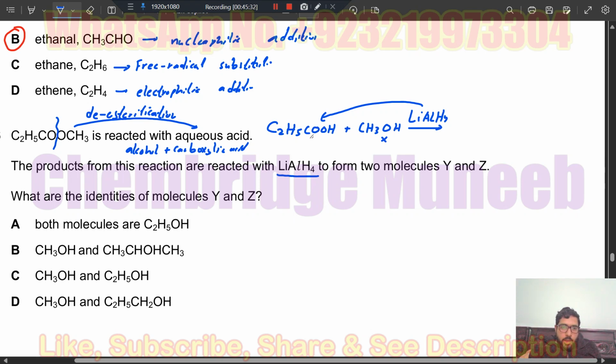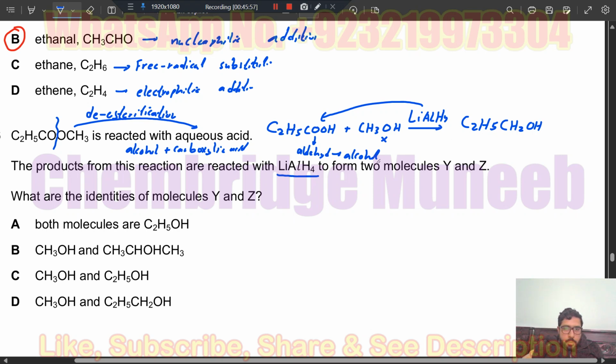It will first convert into the aldehyde, and then it will further reduce into alcohol, and we have only the options of alcohols here. So the alcohol produced from this reaction will be C2H5CH2OH. So this is the alcohol, that is the propanol.